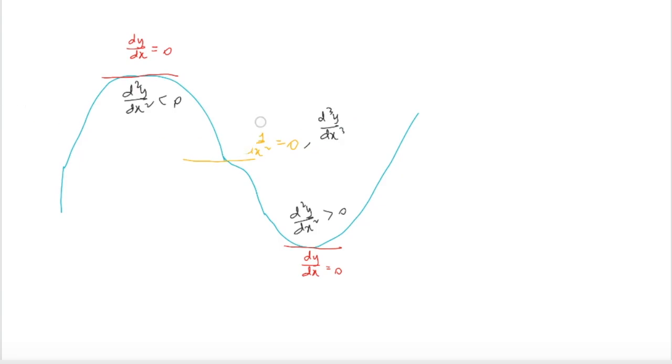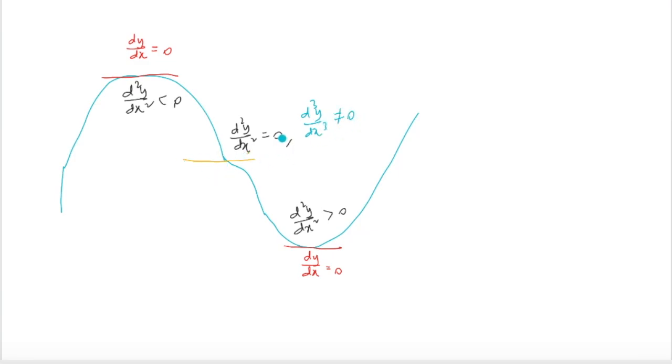For a point of inflection, d2y/dx2 equals 0 and one more, d3y/dx3. I use the same color to make it easier. d2y/dx2 less than 0 is maximum, more than 0 is minimum, equals 0 may be a point of inflection if d3y/dx3 is not equal to 0.